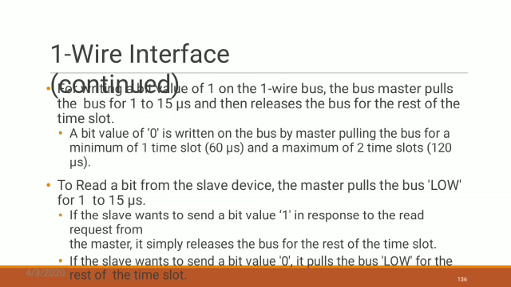If the slave wants to send a bit value 0, it pulls the bus low for the rest of the time slot. Right, so this is the normal protocol which has to be followed. How the master will send the data to the slave, how the slave will send the data to the master. It can be a write from master to the slave or a read by the master from the slave, both ways.